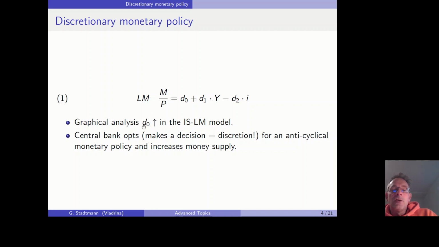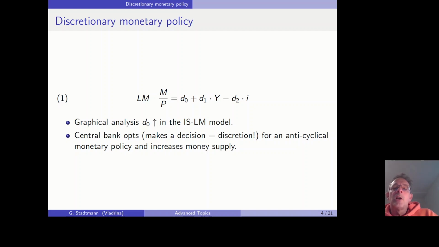Money demand increases, and then it might be the case that the central bank makes an active decision for an anti-cyclical monetary policy, and one anti-cyclical monetary policy tool could be to increase money supply.